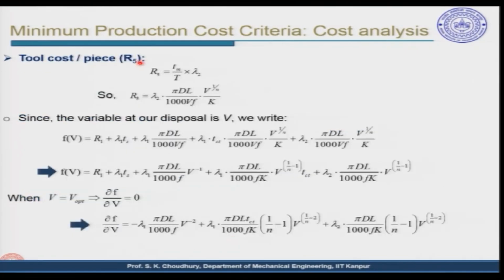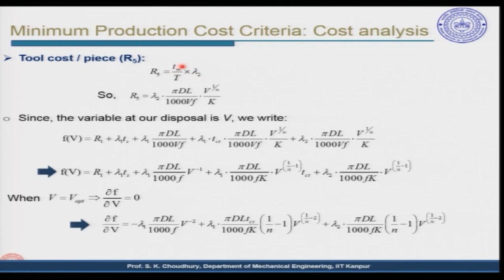Now, for the tool cost per piece, again we have to calculate how many times we are changing the tool, and that has to be multiplied by the tool cost per piece, which is lambda 2. Here you have to be careful that lambda 1 will not be involved, because here it is the tool cost which we are incurring: the number of times we are changing the tool, multiplied by the tool cost per piece.